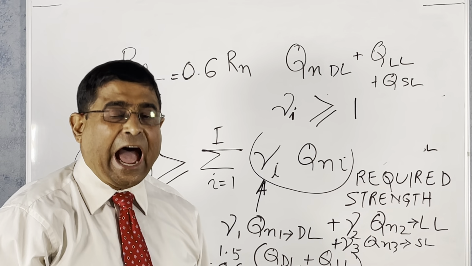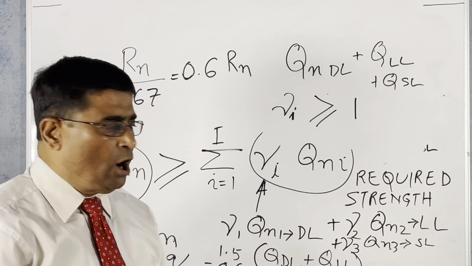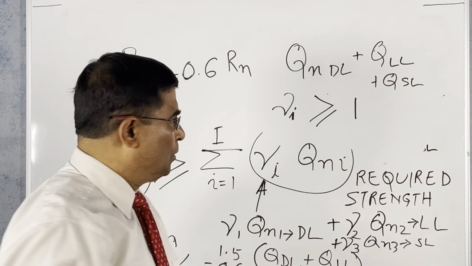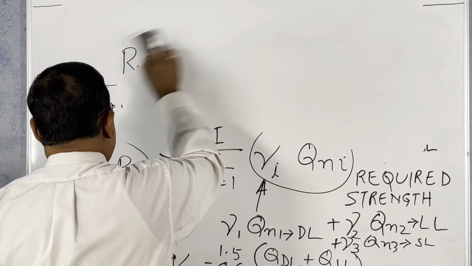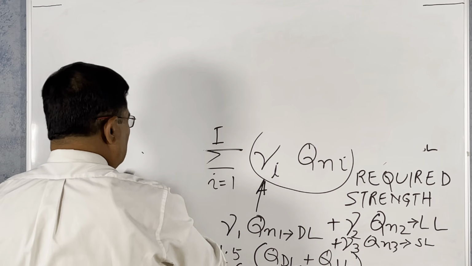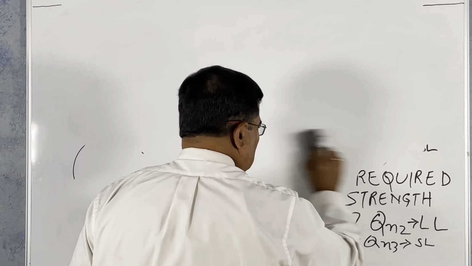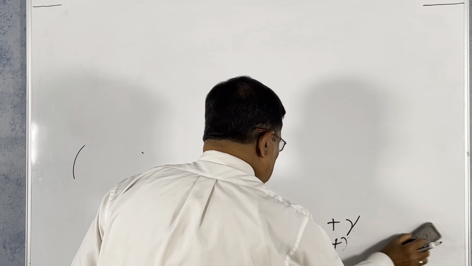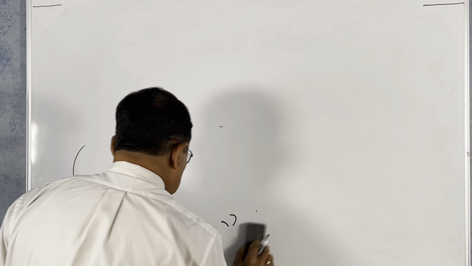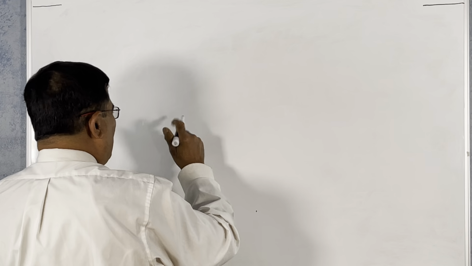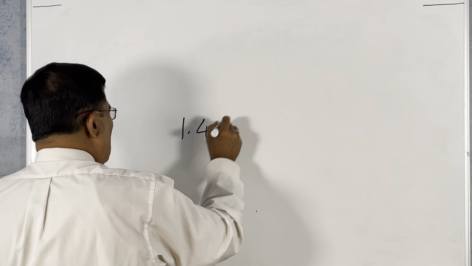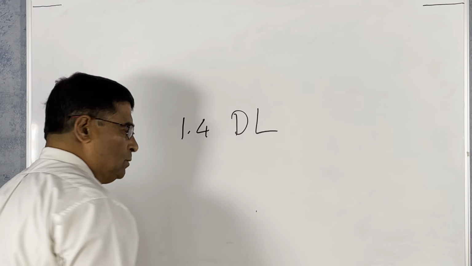It depends on the uncertainty of the load. In the United States, in one combination, the gamma is 1.4 when you take only dead load.